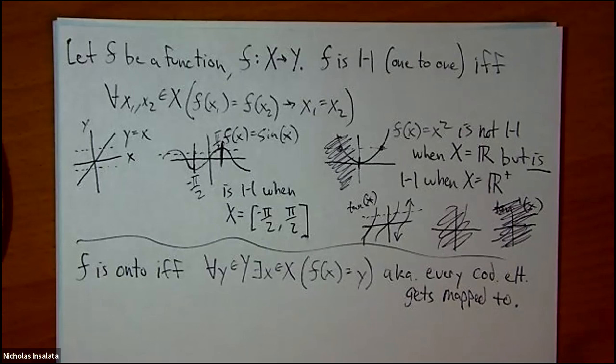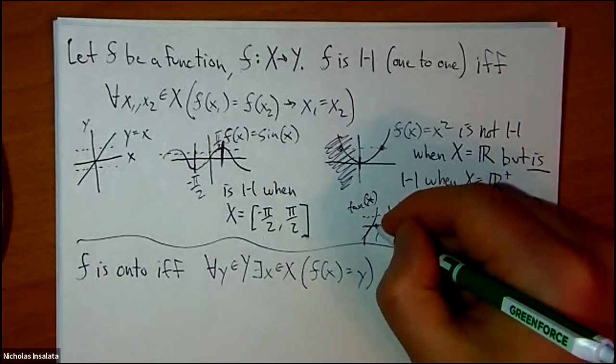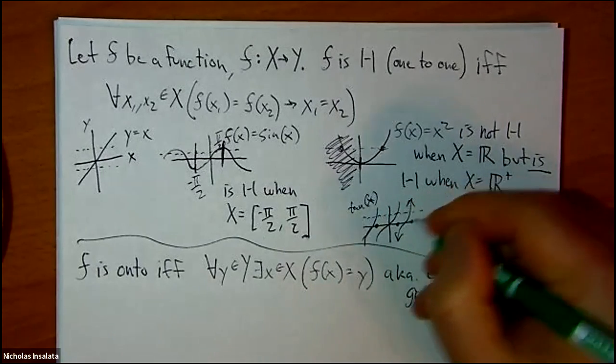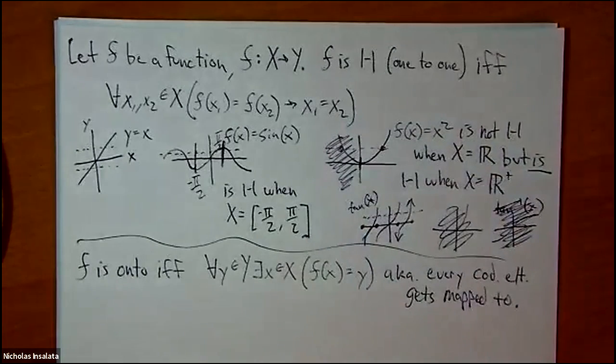What you could do is you could just define them to be 0 at that point at the asymptotes, which is not really accurate, but you could define it that way, which would make it a function in that case. It wouldn't be tangent anymore, but it would be a function that was almost tangent, right? And then you would have a function that was not one-to-one, but is onto.